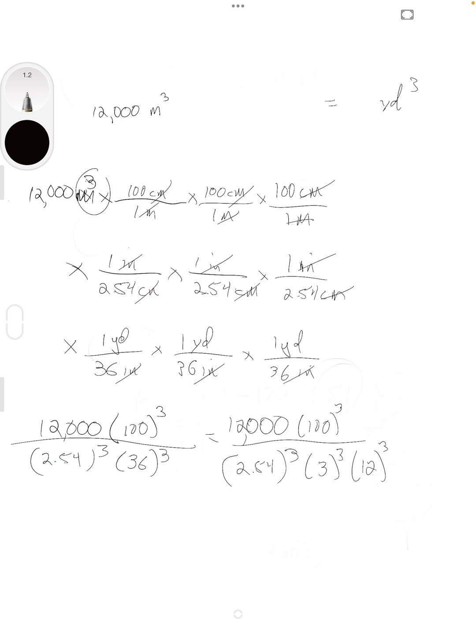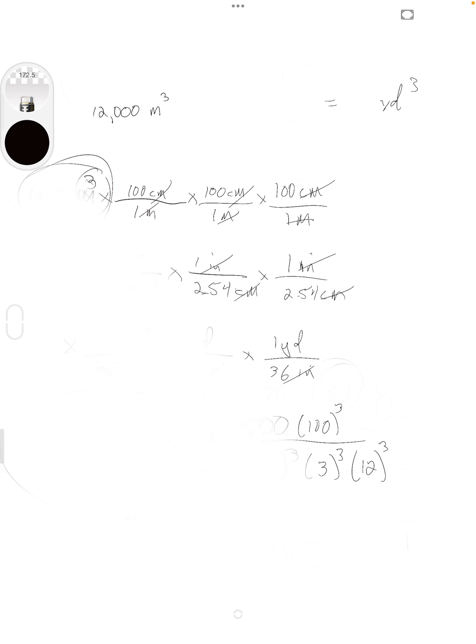So this is where that 36 comes from. So now there's 12. There's 3 there, 3 there, 3 there, 3 there. And that's the answer to that question. So that's using all those unit multipliers to go from 12,000 cubic meters to this many cubic yards. And you would take a calculator and multiply all that out to figure out what that is. Okay, next.